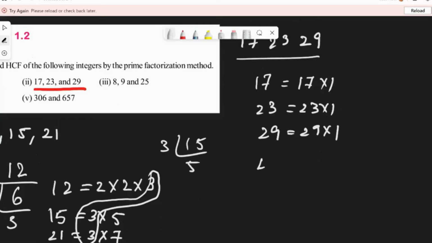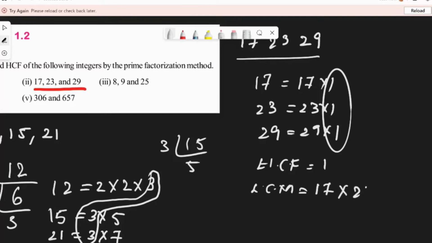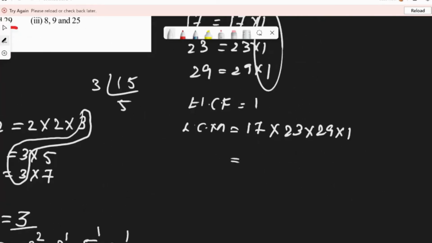So HCF is equal to the common number which is present in the three prime factorizations. So it will be 1. And LCM: step 1, write all the numbers 17, 23, 29 and 1, and each of them is present one time. So we'll multiply all of the numbers to get the LCM of the given numbers.